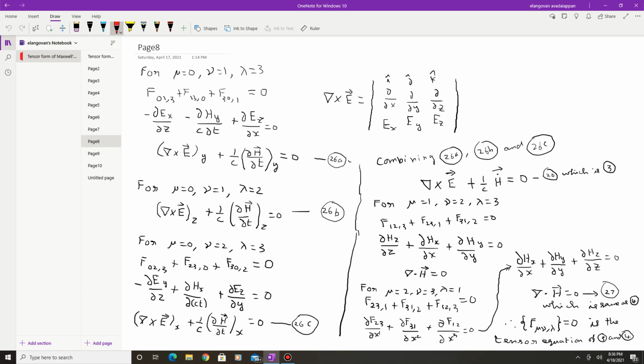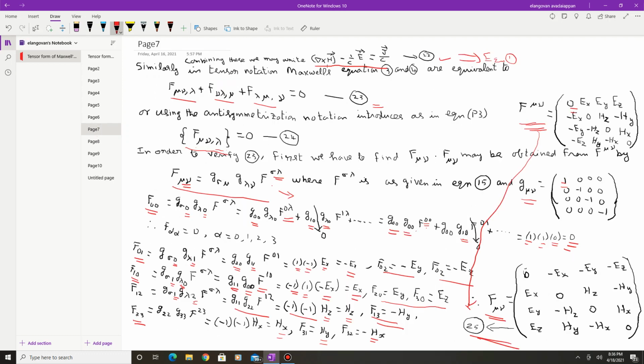Now you put mu is equal to 0, mu is equal to 1, lambda is equal to 3, then the term, that is the antisymmetric vector, that term is F01,3 plus F13,0 plus F30,1 is equal to 0.